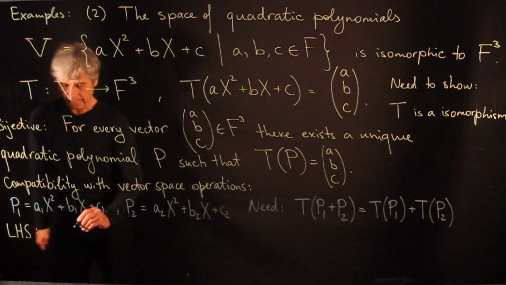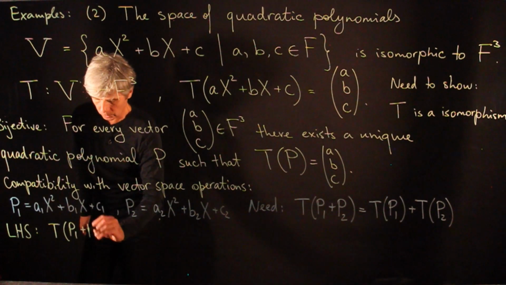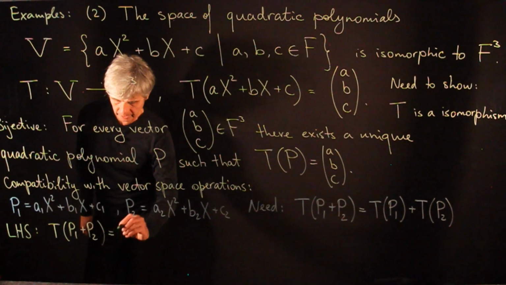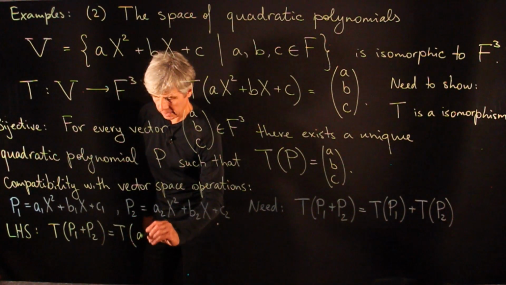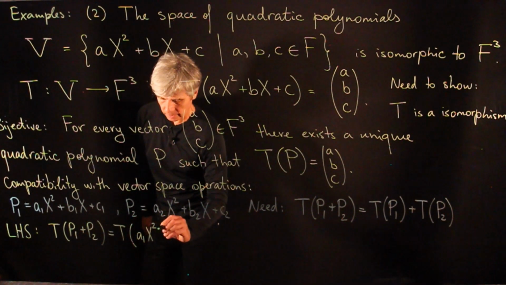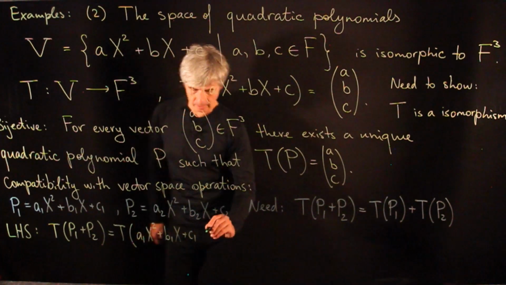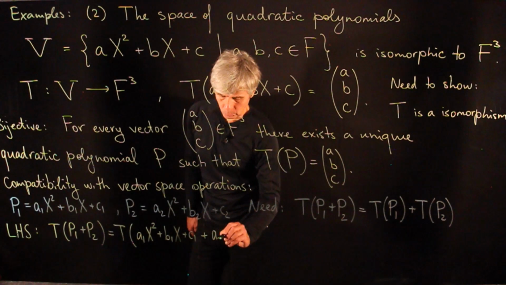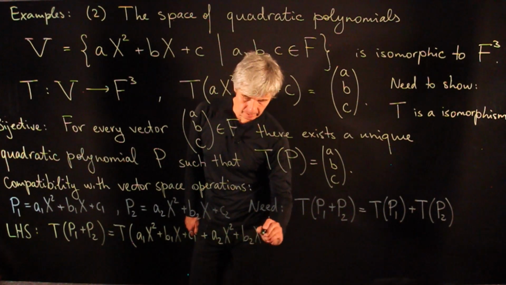So for the left-hand side, we have T of P1 plus P2. So what is this? This is T applied to the sum of two polynomials, a1x squared plus b1x plus c1 plus a2x squared plus b2x plus c2.